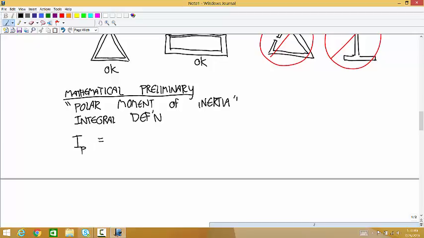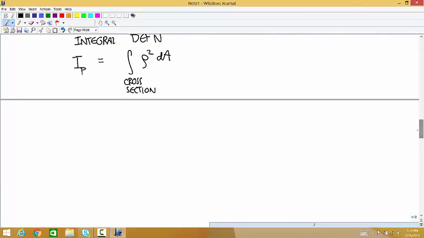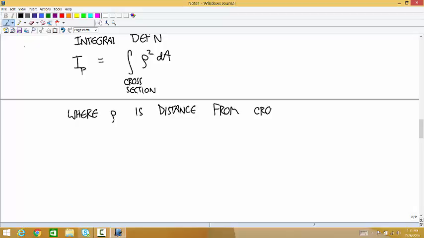I sub p, that's the polar moment of inertia, is equal to the integral over the cross-section of rho squared dA, where rho is the distance from the cross-section centroid to your infinitesimal area dA.